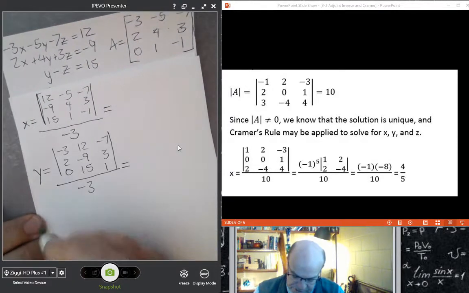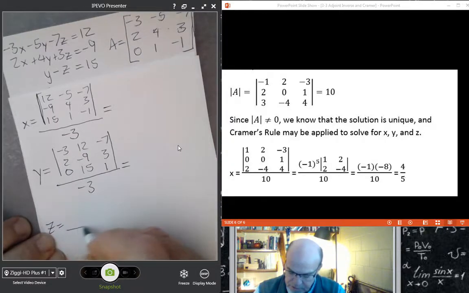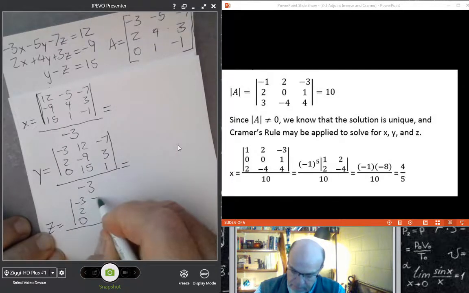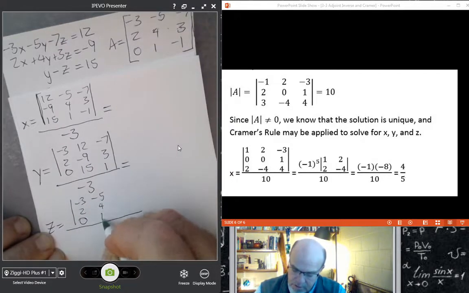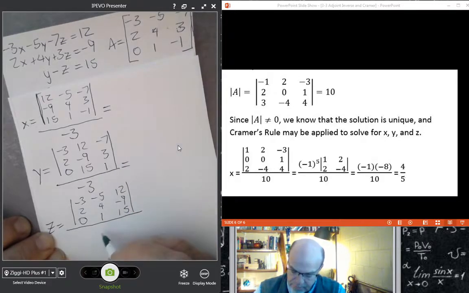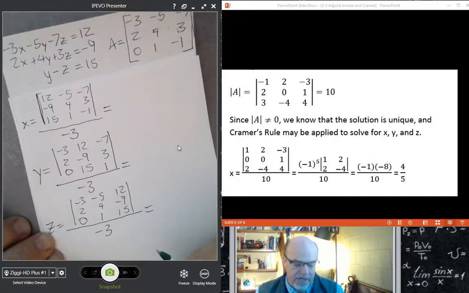And then for z, you're going to replace the third column. So you've got -3, 2, 0, -5, 4, 1, and then 12, -9, 15. And divide that by -3, and that'll give you the value of z.